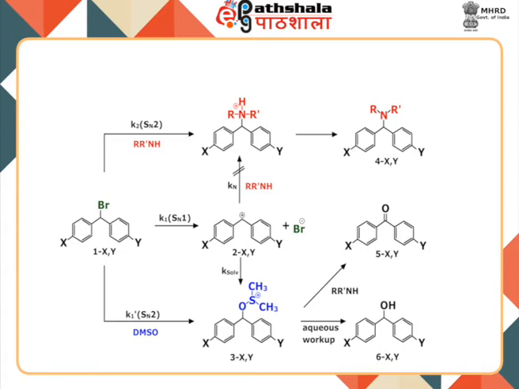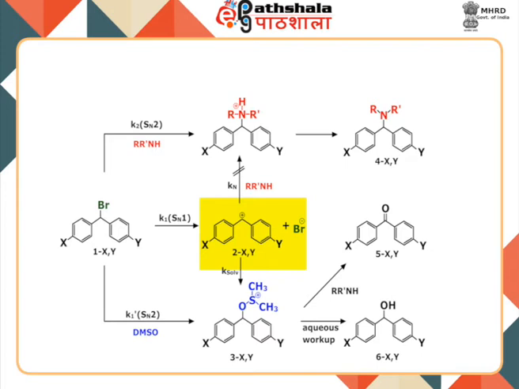Here it is shown that benzhydryl bromide reacts via the SN2 pathway with an amine and via the SN1 pathway to give the products. In the SN2 pathway, the amine derivative is formed, whereas in the SN1 pathway, an intermediate carbocation is formed first, which is solvated by the solvent DMSO.